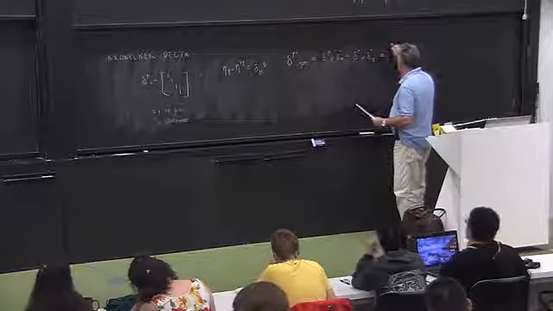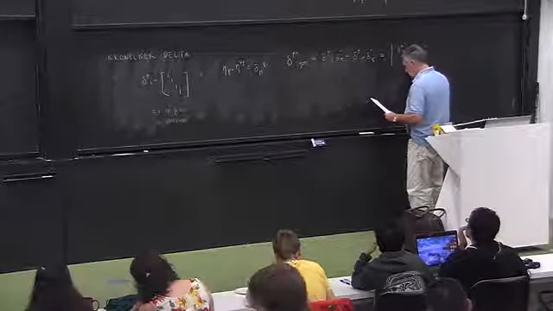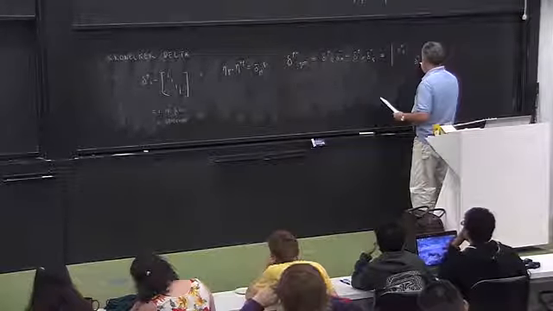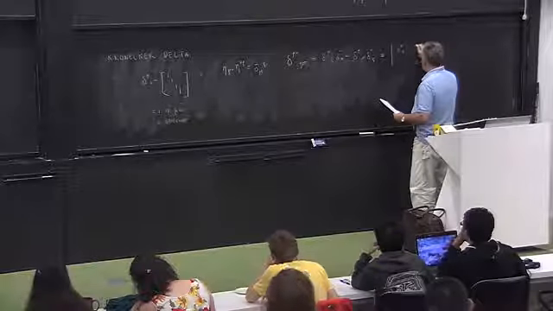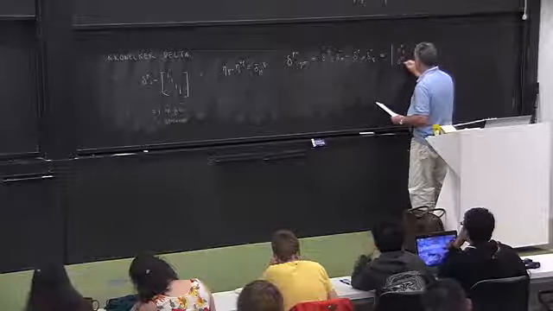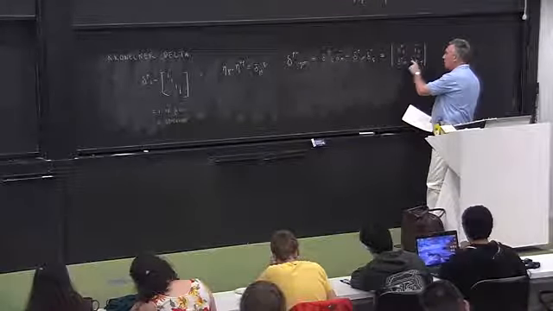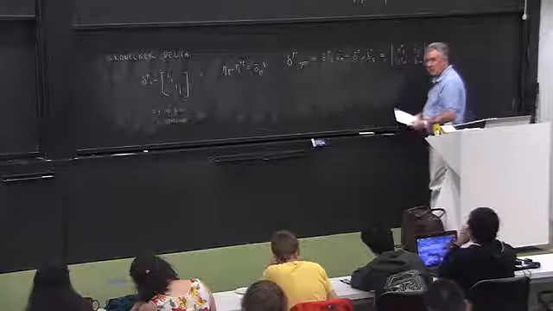And we can write that in matrix form, delta mu rho, delta mu sigma, delta mu rho, delta mu sigma. And so this combination is this minus this. That's what the square brackets mean.